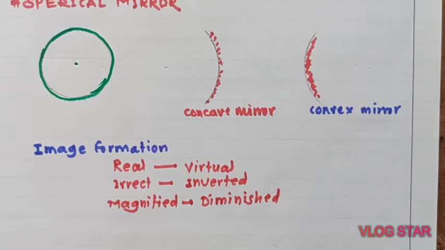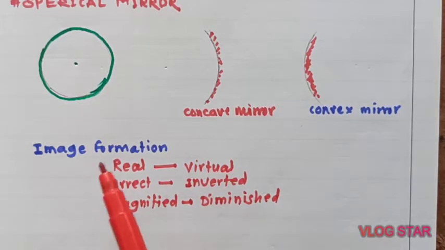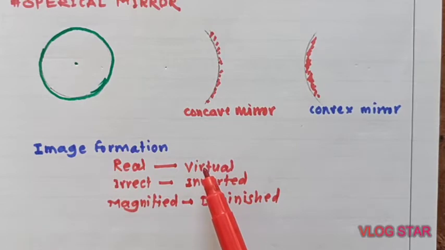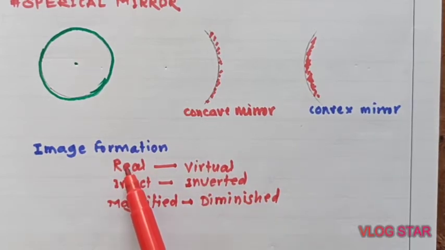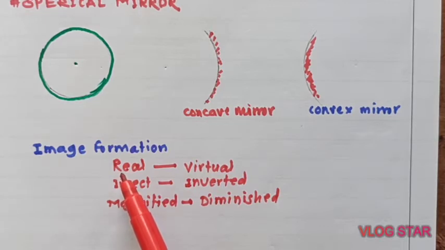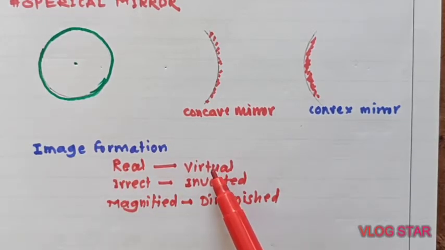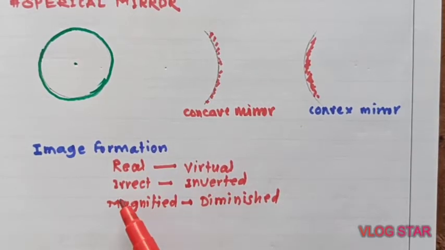When you talk about the image formations, you need to talk about certain terms. When somebody asks you what is the nature of image, you have to answer either real or virtual. What do you mean by real? The image which we can take on the screen is a real image. Virtual image is normally behind the mirror, which cannot be taken on the screen.